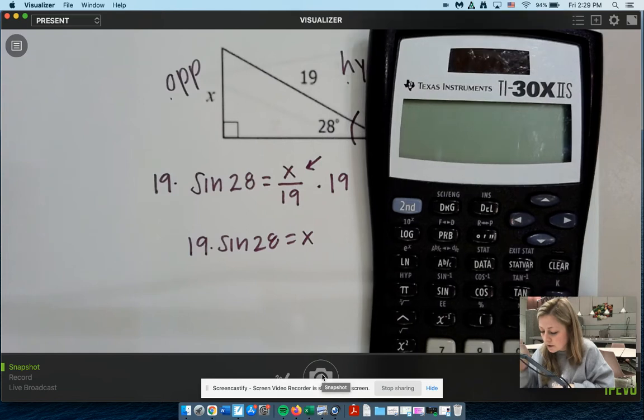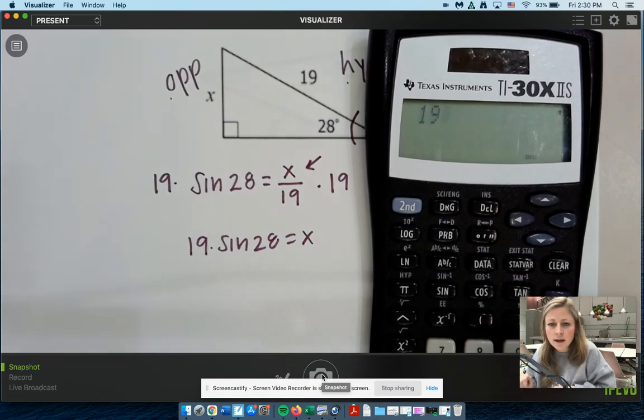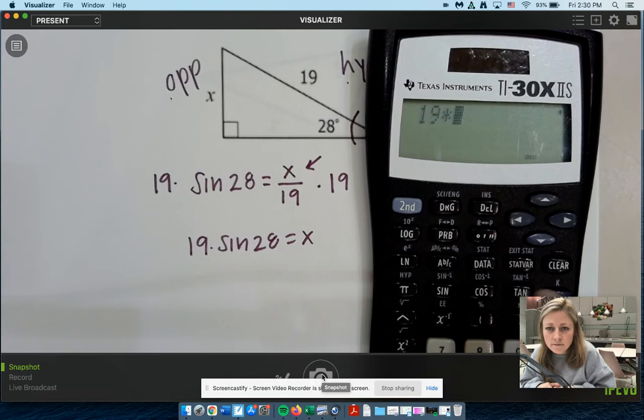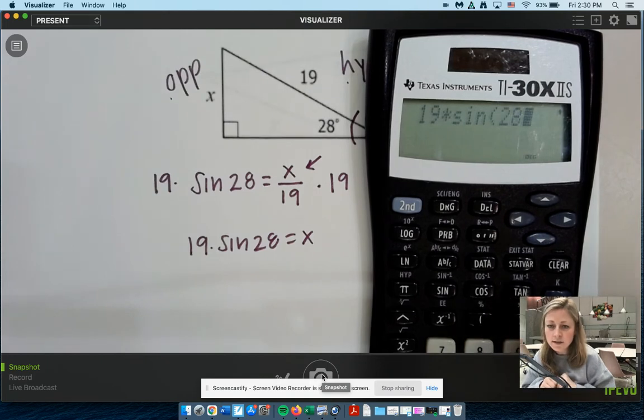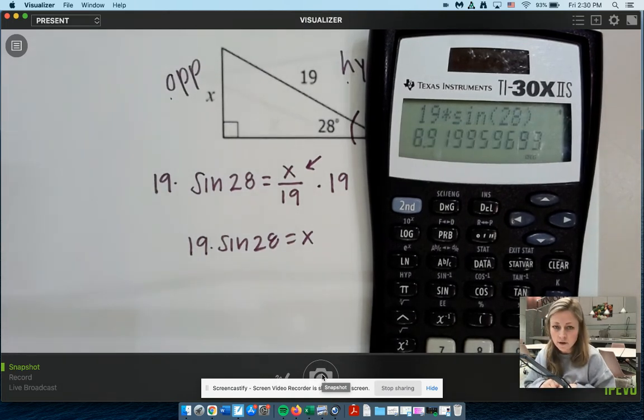So you're going to type in exactly what you see. I have 19 times. Now find the sine button. Mine's right there. So it looks like sin, but it's sine. And then you type in your angle, 28, end your parentheses, enter, 8.9. So we just found that missing side length to be 8.9.